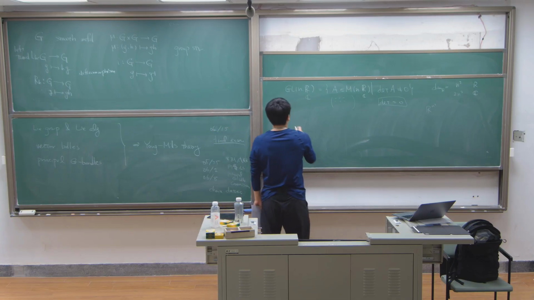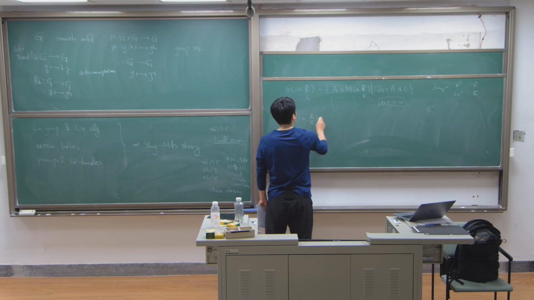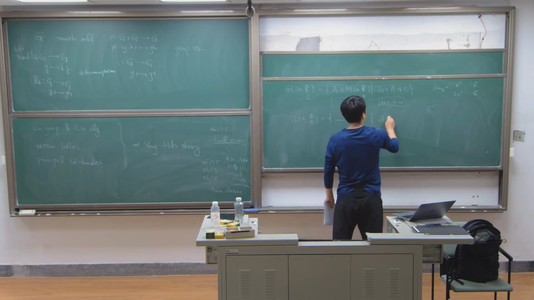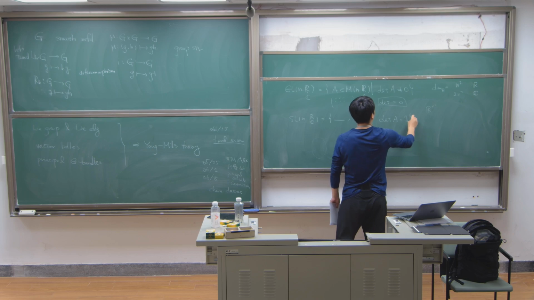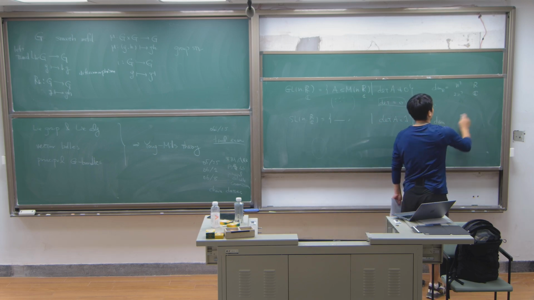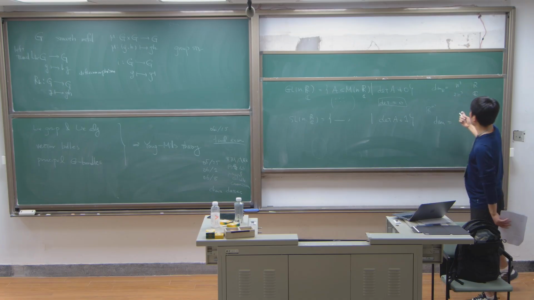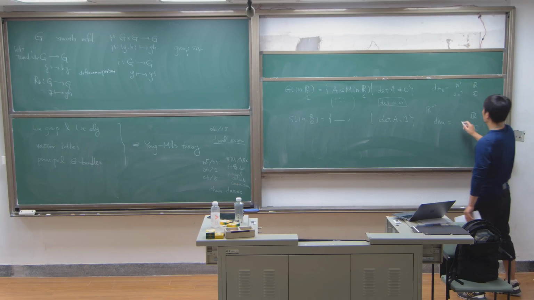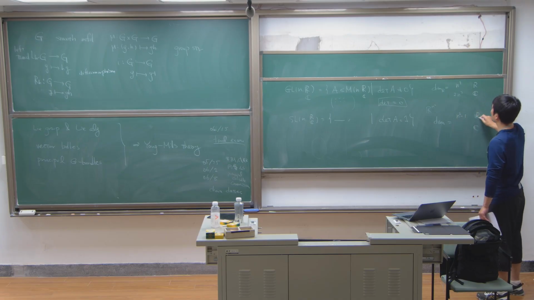Another is SL(n,R) or SL(n,C), the same thing such that the determinant of A is equal to 1. What is the dimension? Good, n squared minus 1, because it's just codimension 1 in this.